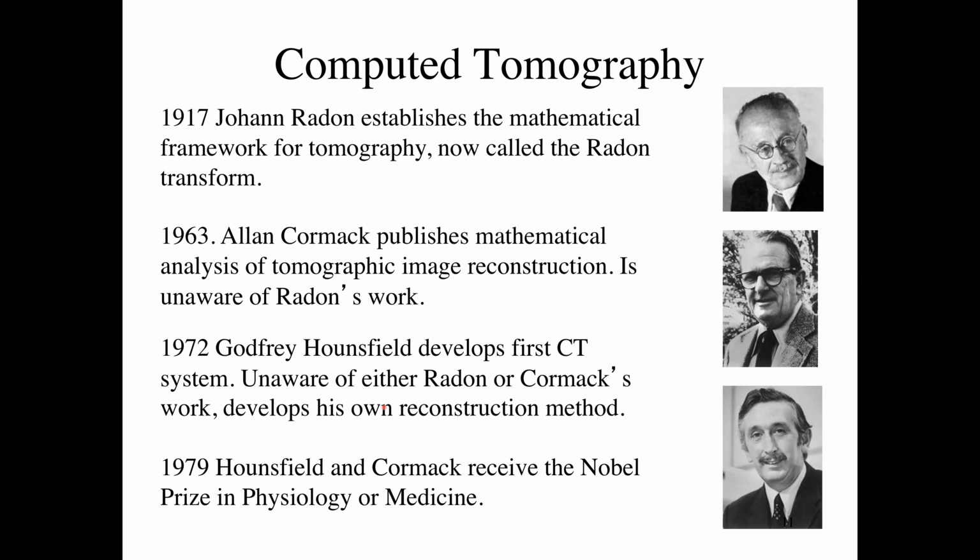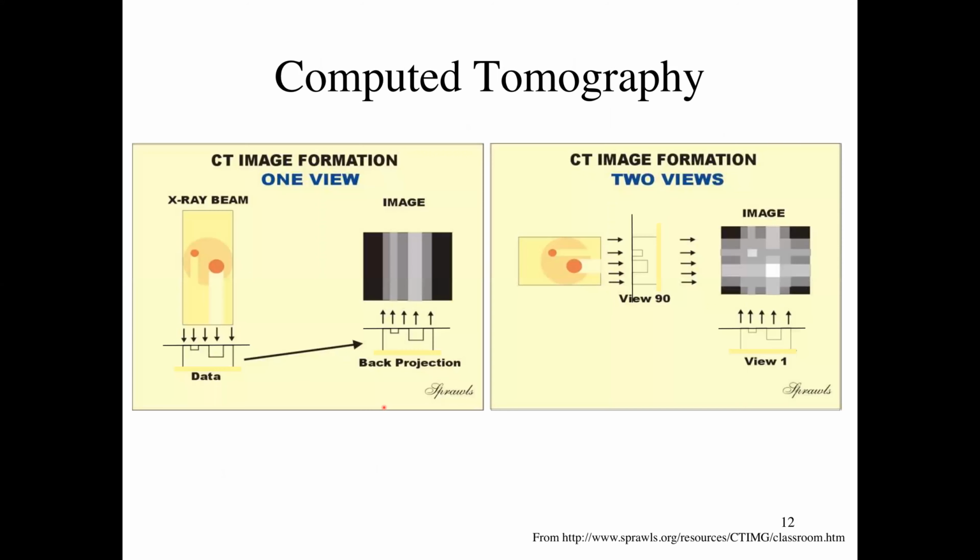So they were ridiculously flush with cash, and they let him build this crazy scanner. It was a CT scanner that took half an hour to make one slice image. It didn't look good on paper when it started, but we'll see where it's gone, and it's considerably improved.